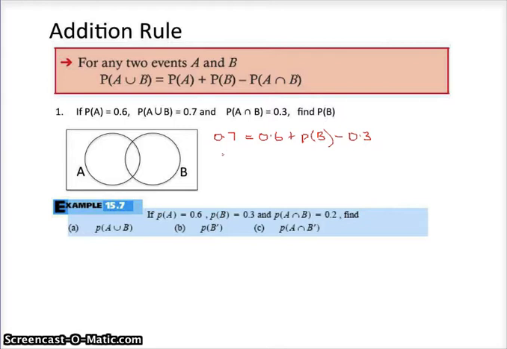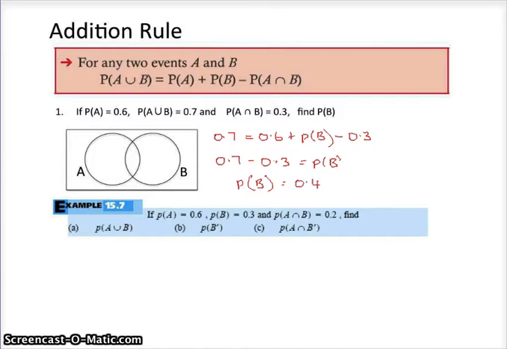So we've got 0.6 minus 0.3 is 0.3. So we've got 0.7 minus 0.3 is equal to the probability of B. So the probability of B is equal to 0.4.